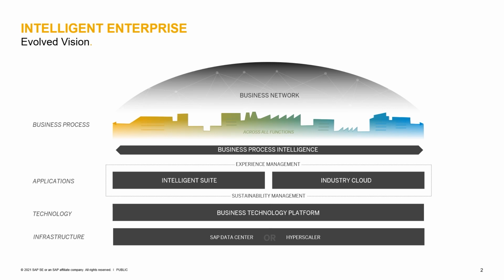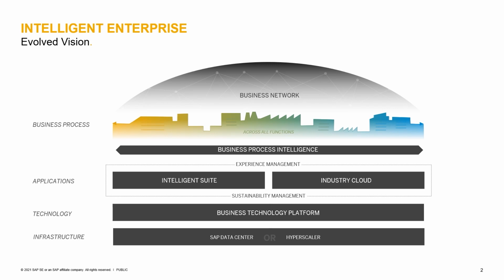SAP S/4HANA gives our customers the ability to adapt, customize, and be more resilient in today's challenging markets. Utilizing the best platform with Business Technology Platform, the best applications for industry cloud and line of business, and a superior partner ecosystem, we are helping our customers change the game. We support companies to become intelligent enterprises.